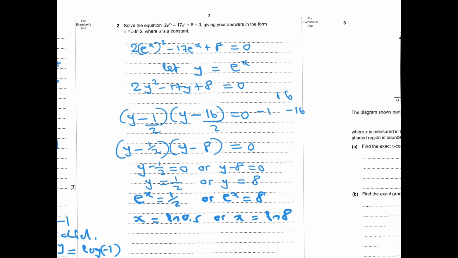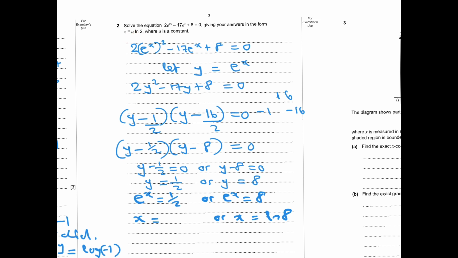Remember, my solutions should be in the form of ln of 2. So I think it's better for me to take 2 to half instead of 0.5. Of course, my solutions are correct, but I should leave my solutions in the form that they require, which is a constant times ln 2.